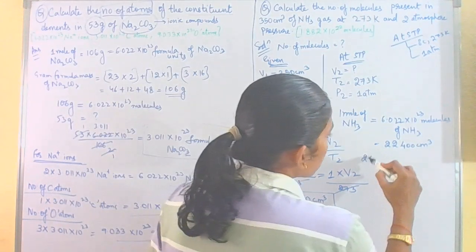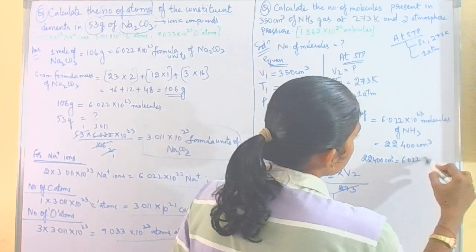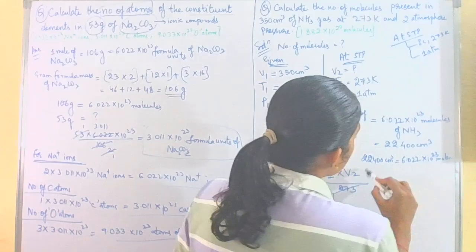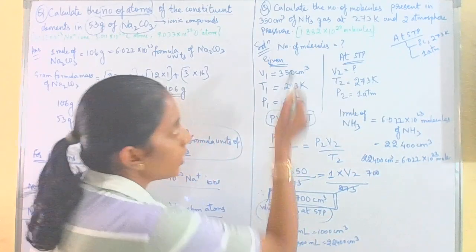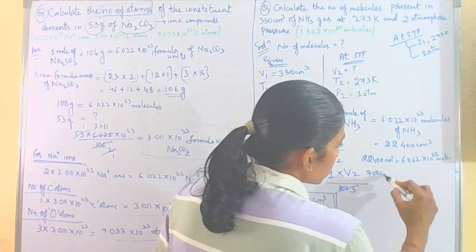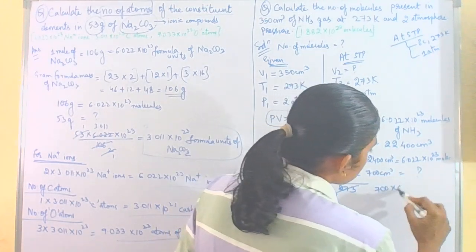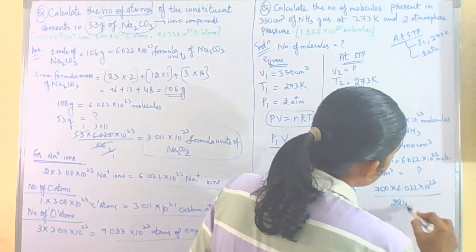So if 22,400 centimeter cube contains 6.022 into 10 to the power 23 molecules of NH3, then 700 centimeter cube, the volume we got for the ammonia gas, contains how many molecules? 700 into 6.022 into 10 to the power 23 molecules by 22,400.